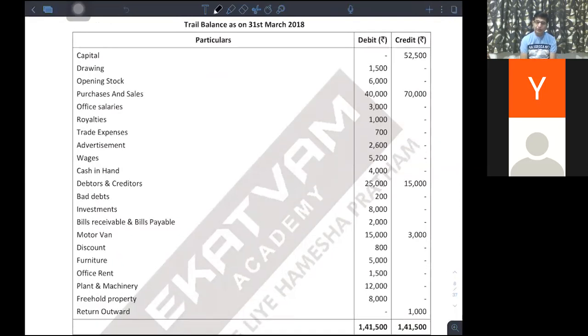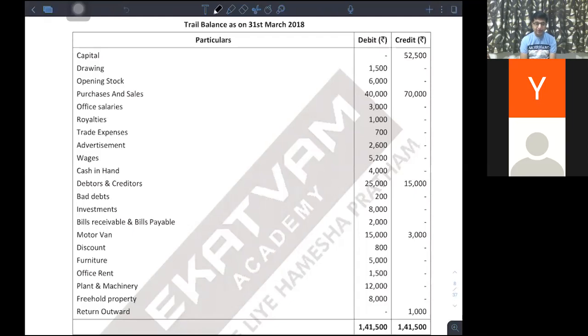All the real accounts will have debit balances because we own the real accounts. Nominal accounts, if they are expenses, will have debit balances, and if they are incomes, will have credit balances. Based on that only, we are going to do the assessment analysis of all these items. So let's go into that.